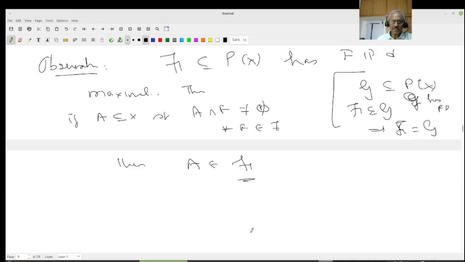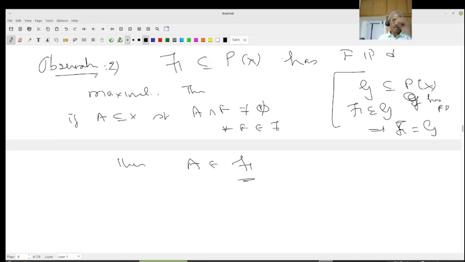Do you understand this? Try to understand. So let me restate it, observation 2. I have a family of subsets with the finite intersection property, and this family is maximal. What does it mean? If G is another family of subsets, G also has FIP, and F is contained in G, then F and G are the same.